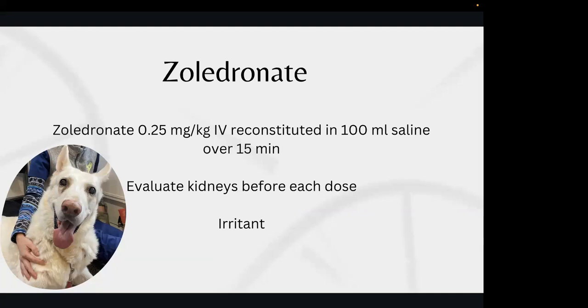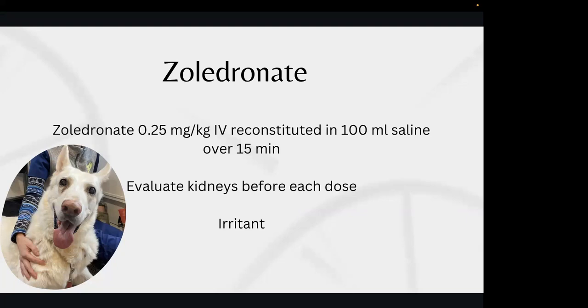Repeated doses of zoledronate can be hard on the kidneys. This is particularly true if you're not diluting it in saline, but you still want to evaluate kidney function prior to each dose of zoledronate. Zoledronate is an irritant, so it's not a vesicant, it's not chemotherapy, it's not going to cause necrosis of the skin, but if you get it outside of the vein, it can be very irritating.